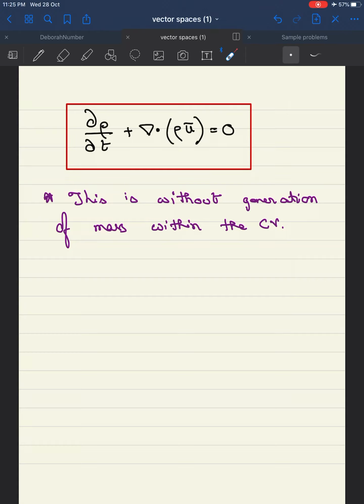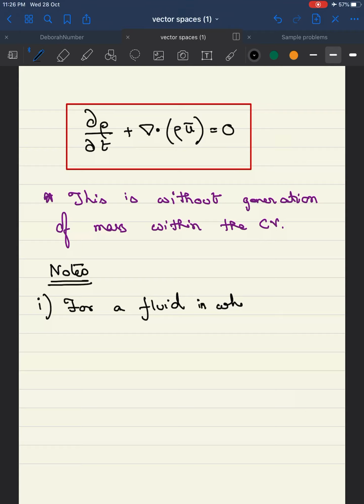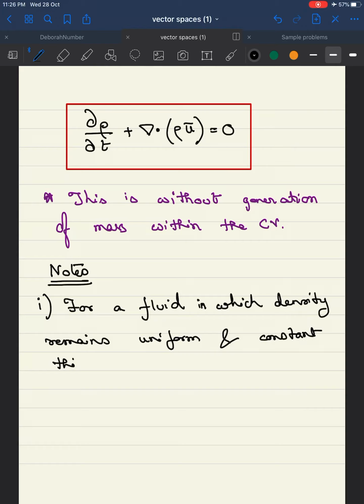Okay, good. So let us study this equation a little bit more. Let's look at the notes for this equation. Now, for a fluid where the density remains uniform and constant, this simplifies.